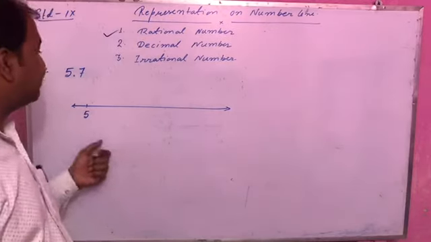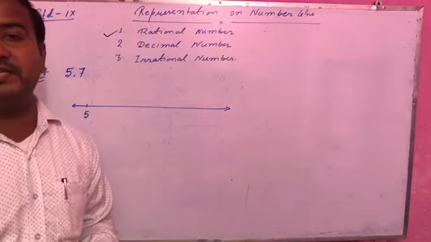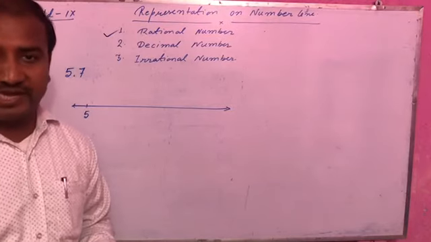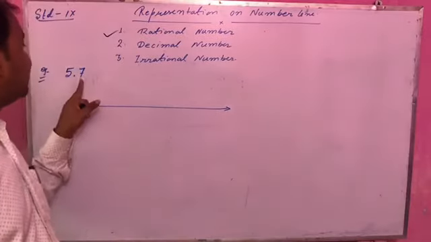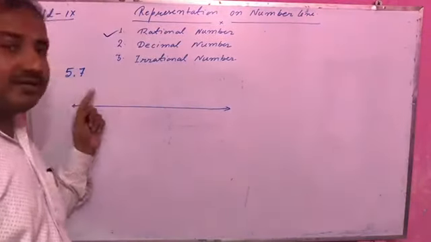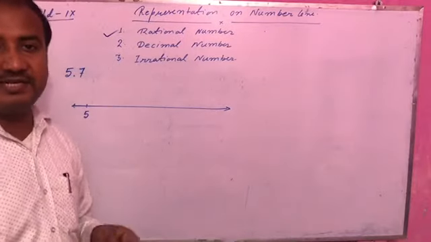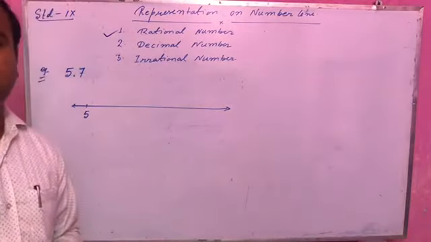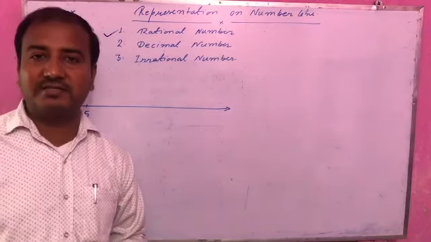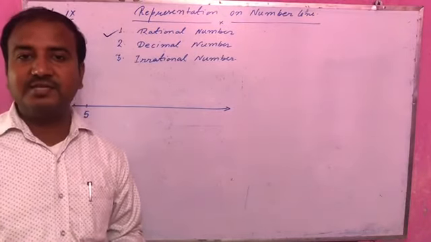The distance between 5 and 6 will be divided in 10 equal parts. Why? Actually, this is at the 10th place. Decimal के just बाद वाले place को 10th बोलते हैं, उसके बाद वाले को 100th, 1000th.